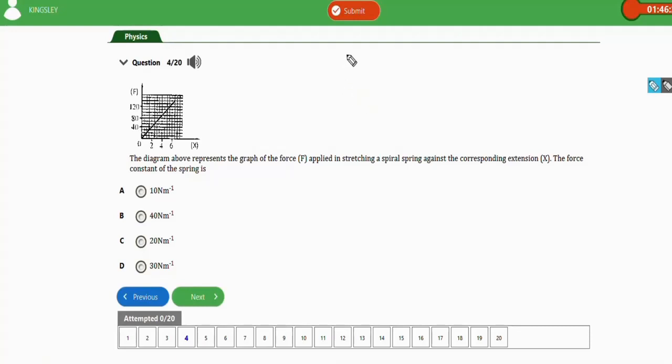So we're going to use the formula for slope to get the force constant of the spring. So we use y2 minus y1 over x2 minus x1.